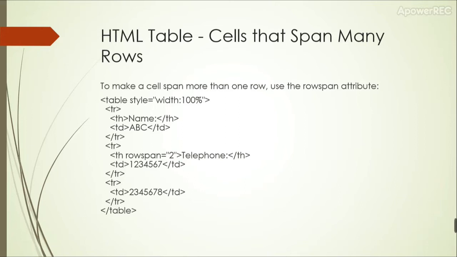Next one, table heading. Here we will use rowspan 2. Then contact number, heading close, then contact number comes here, table row close, table row start, then table data start. I will show it practically.